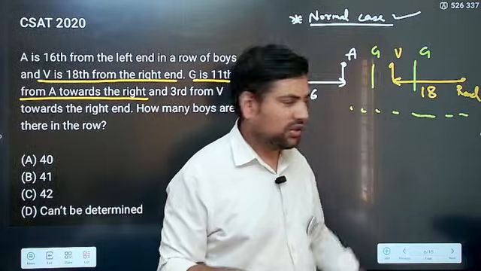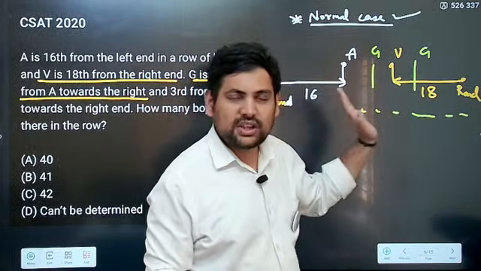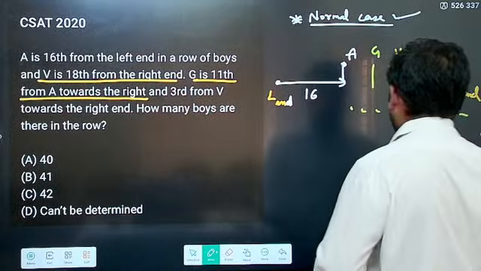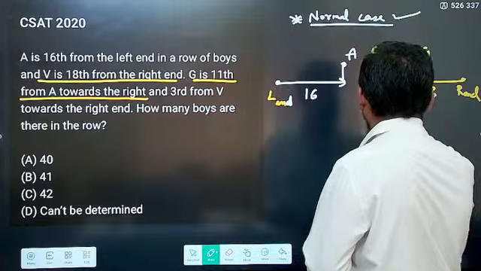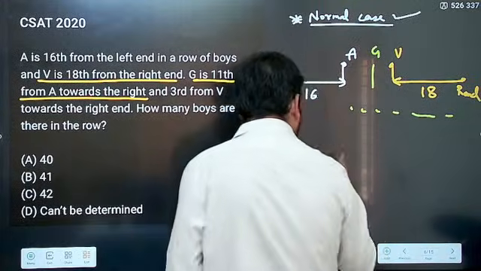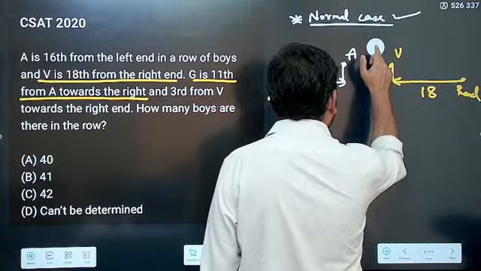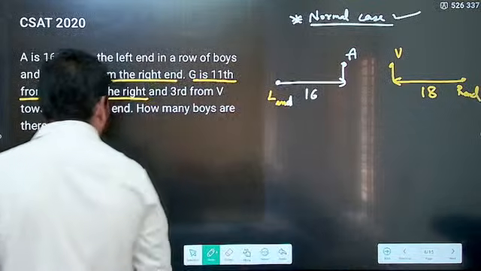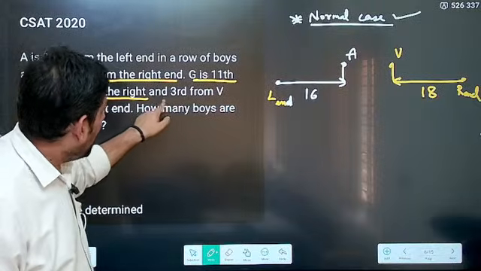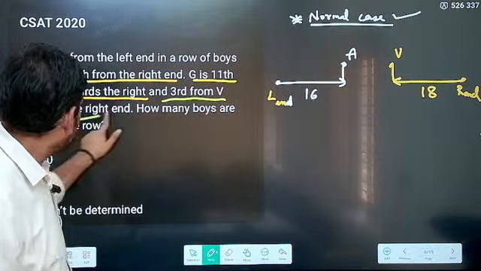So there are these two possibilities. With respect to V, he can be on the left of V or on the right of V. So these are the two possible cases for G. Now, let's read the statement further. G is 11th from A towards the right and third from V towards the right end.